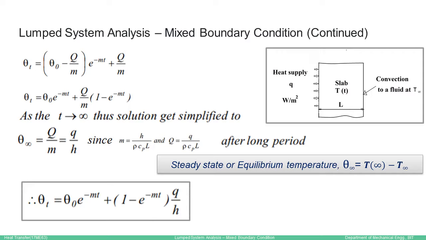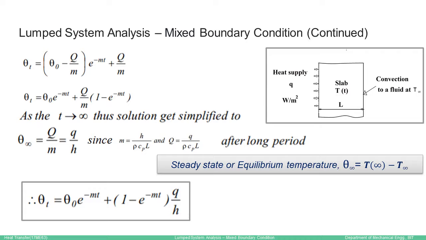After rearranging the terms and substituting, we get the final expression for the lumped parameter in case of mixed boundary conditions. θ(t) is equal to θ₀ e^(−mt) plus (1 − e^(−mt)) multiplied by q/h.